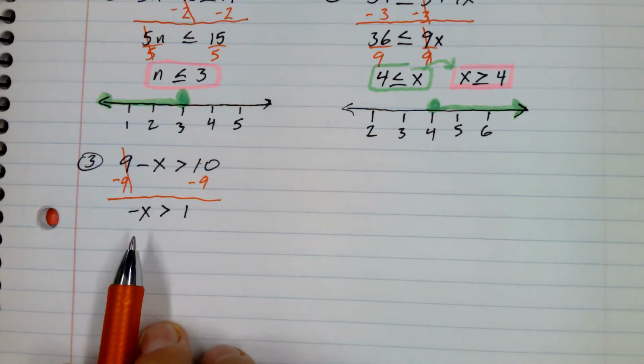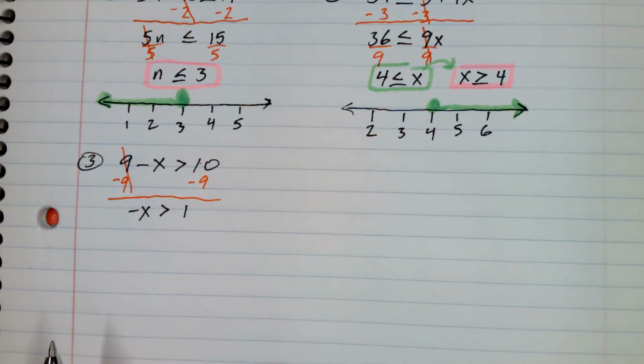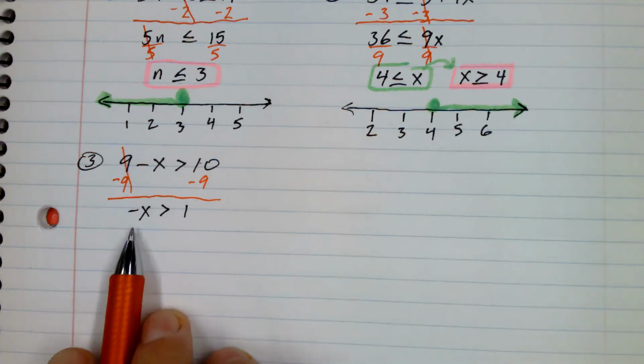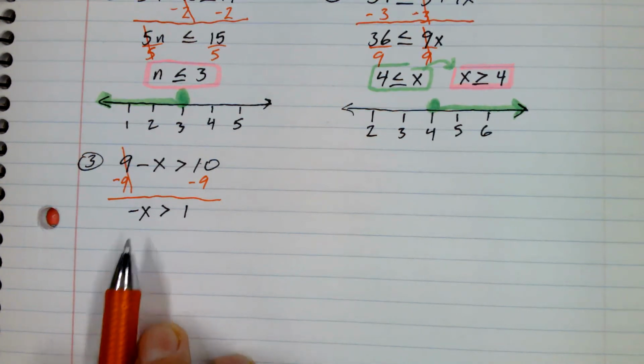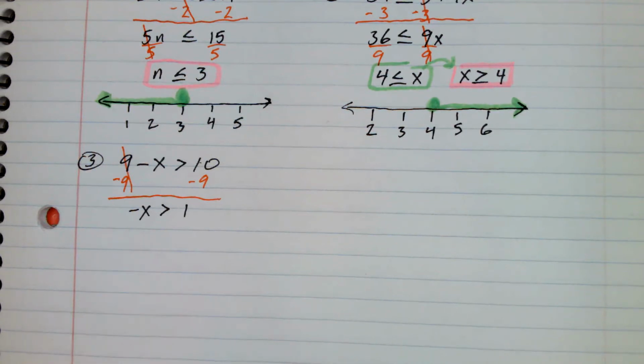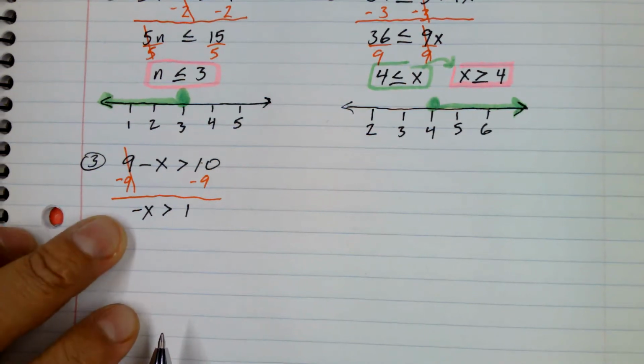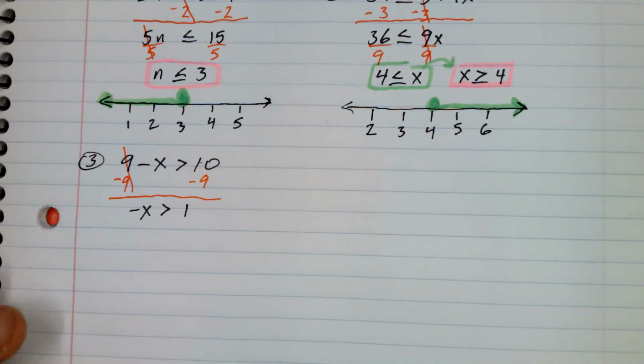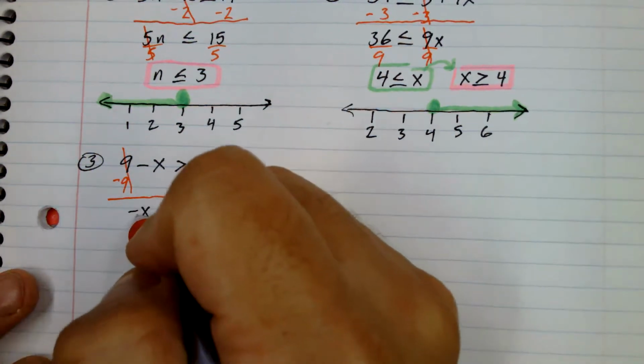Okay, so we're going to go ahead and get rid of this. What do we do to get rid of that negative? We've done this before. I don't want negative x, I just want x. I'll give you a hint.